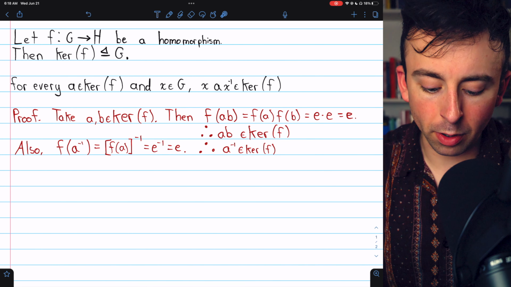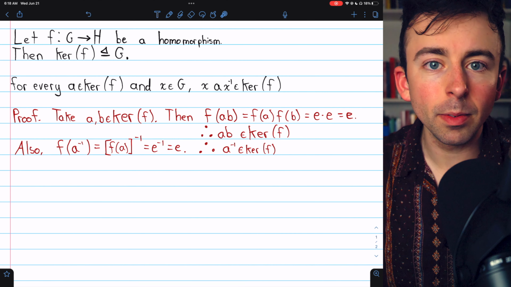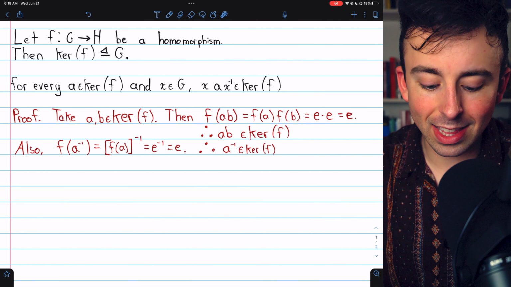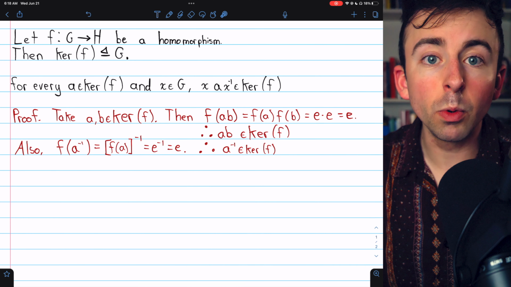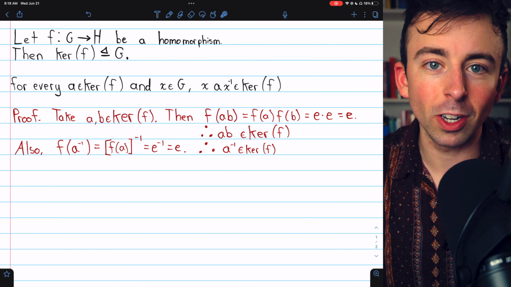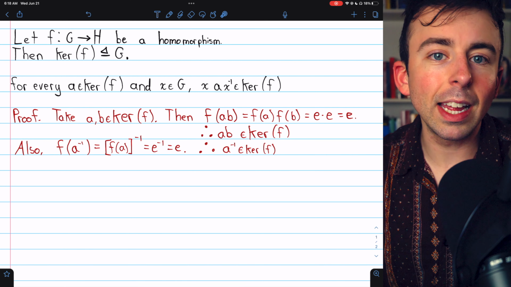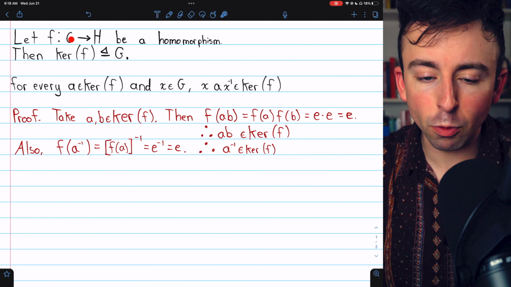So F of A inverse, which equals the inverse of F of A, is the inverse of the identity. The inverse of the identity is just the identity. So we see that the image of A inverse under the homomorphism is the identity, which means that the inverse of A is in the kernel by definition. Thus, we've proven the kernel is closed with respect to products and with respect to inverses, thus proving the kernel is a subgroup of the domain group G.